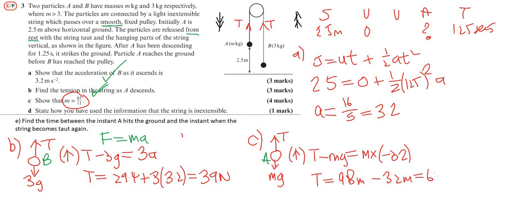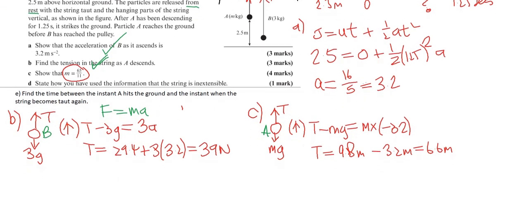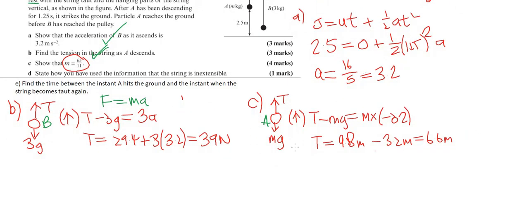That leaves me with 6.6m. To find my m, I need to substitute something for this T. Well, we just worked out the tension is 39 newtons, so I'm going to substitute that, because remember, light inextensible string means tension on both sides is the same.